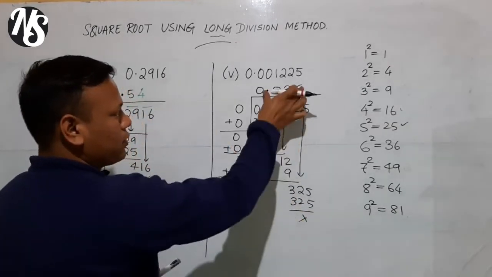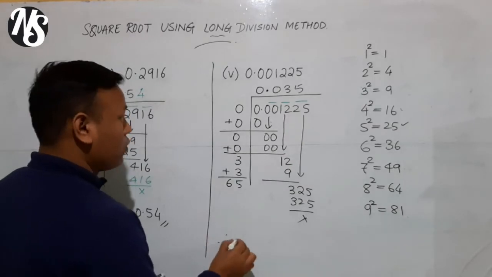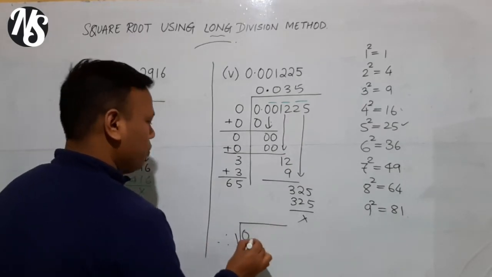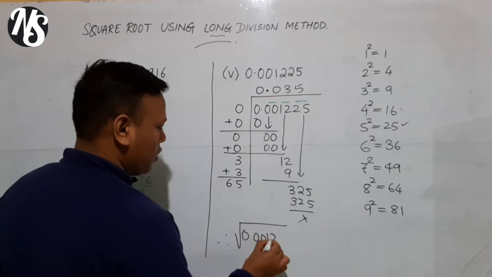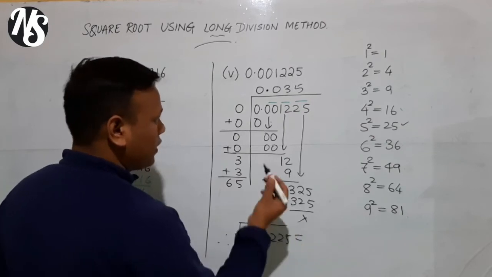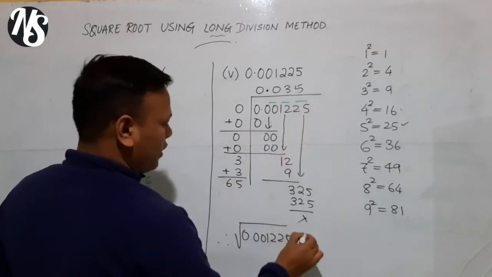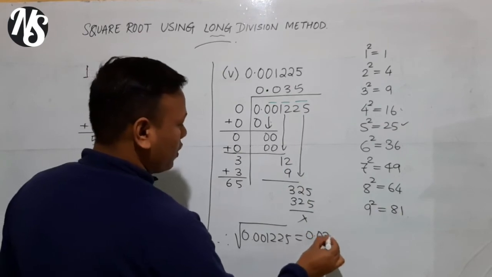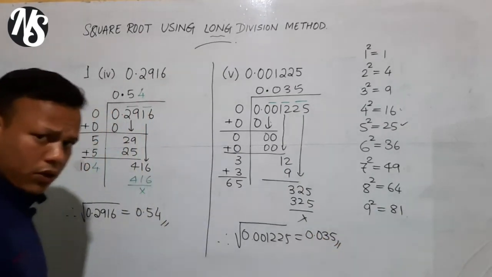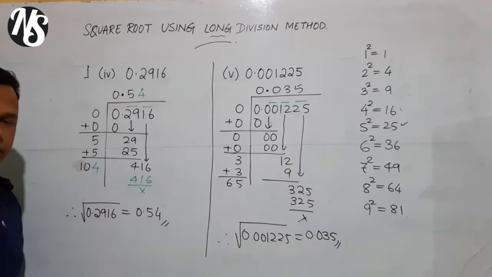Simple, isn't it? That means the square root of 0.001225 is exactly how much? It is exactly 0.035. Okay, pause the video and note down your solution.